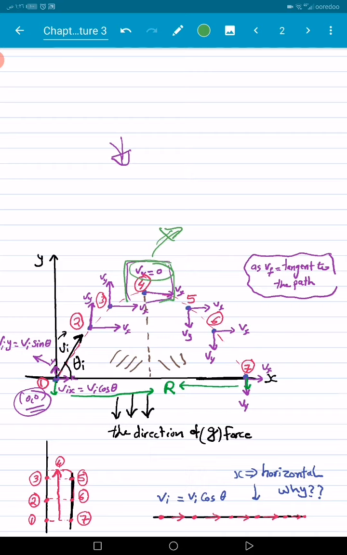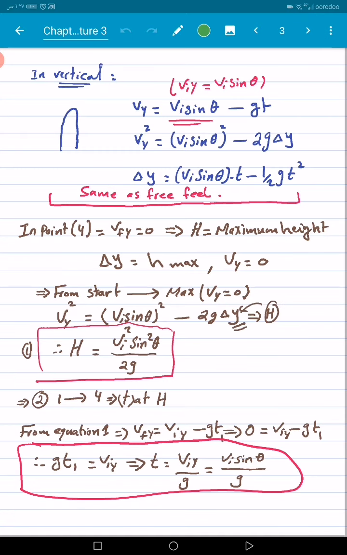Then there are other variables. It is the time of flight to reach this point and the time from this point to the ground. And there is also one more, from the start till reaching the ground, it is the range. And we calculated all of these, I'm just making a general review here.